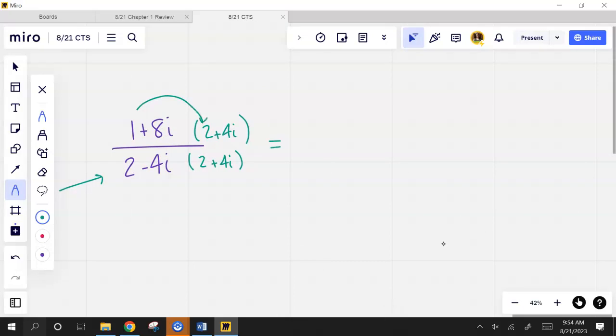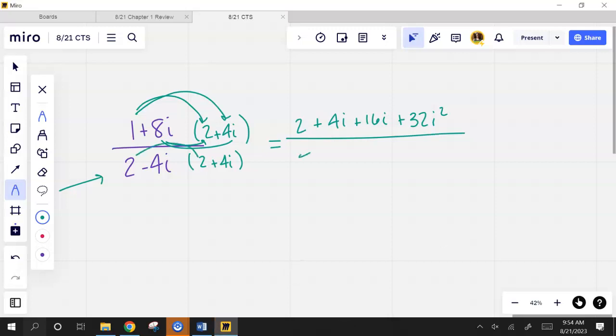I get 2 over. I am lazy and I don't like to rewrite stuff over and over, so I just go ahead and change everything that needs changing.